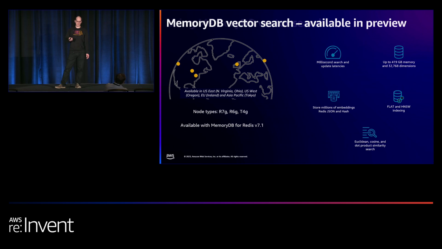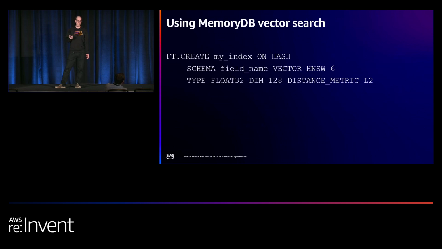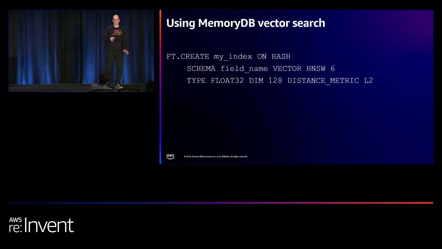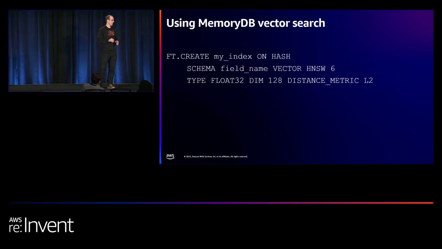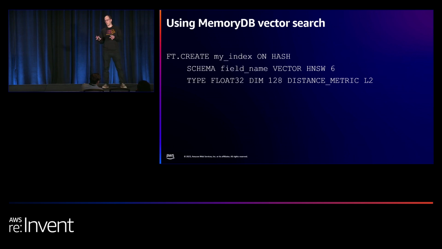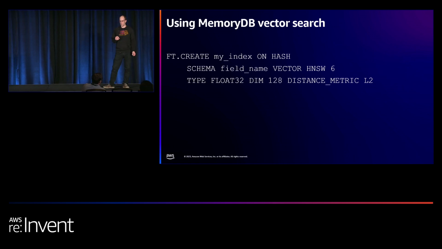So now let's dive a bit deeper into how you can actually do search. The first thing you have to do if you want to do vector search in MemoryDB is create an index. Don't worry about the syntax. I won't quiz you on it at the end of the talk, but this is the command you will send to the Redis CLI if you wanted to create an index with MemoryDB.